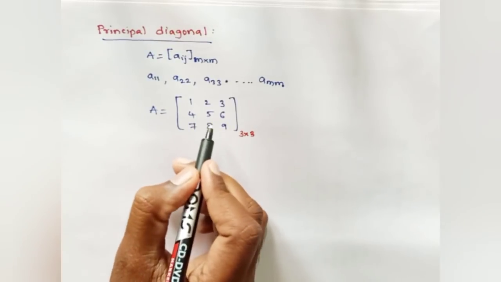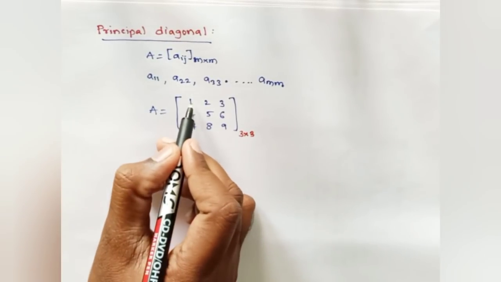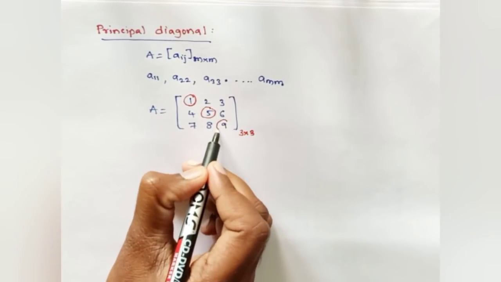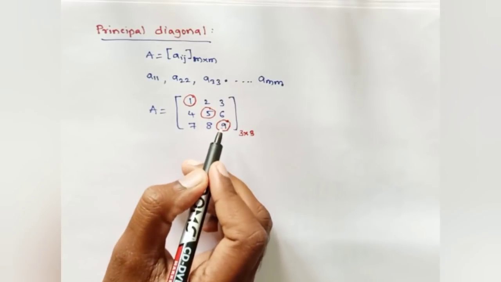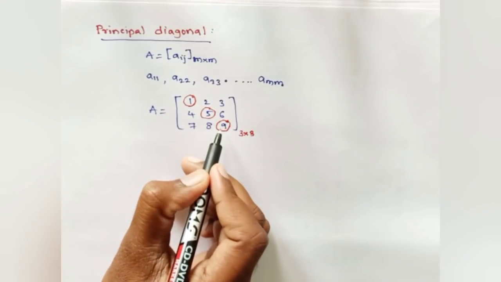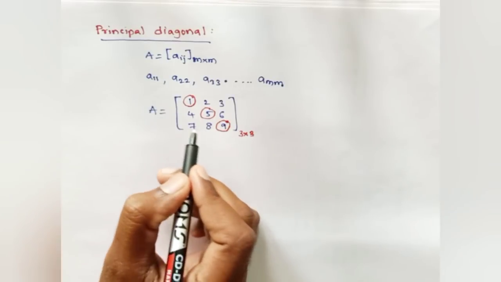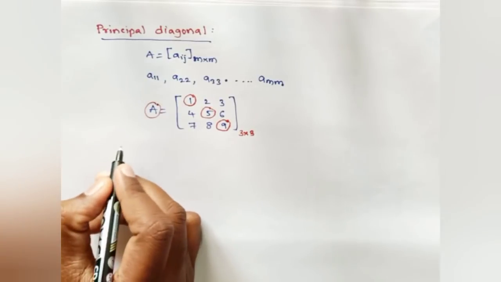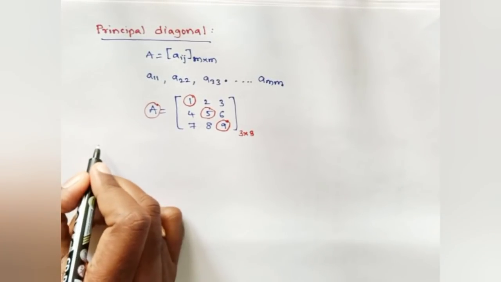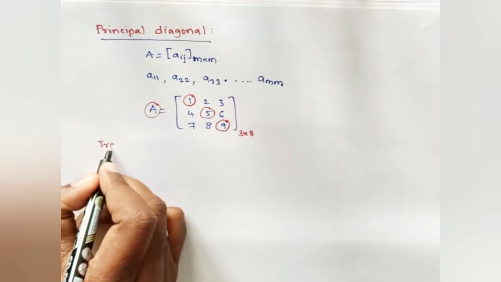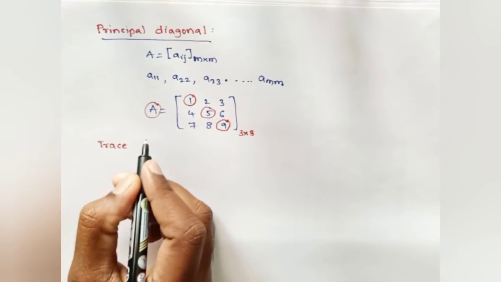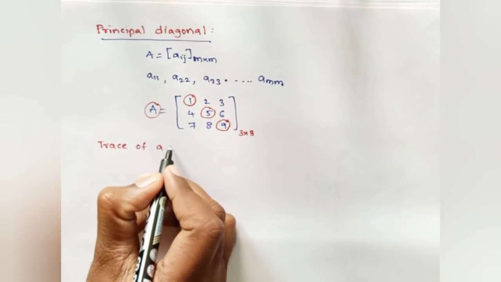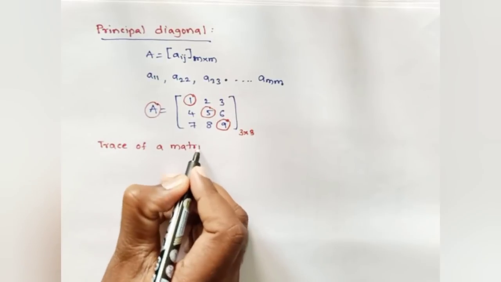See here the principal diagonal elements: this is a11, a22 and a33. So a11, a22, a33 constitute the principal diagonal for the matrix A. Based on this principal diagonal, we can define one more term related to square matrices, that is trace of a matrix.